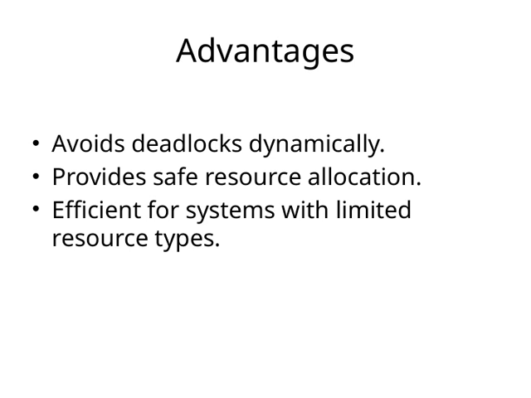Essentially, it ensures resources are assigned in a way that prevents unsafe states, protecting the system from potential failures or bottlenecks. And finally, it's efficient for systems with limited resource types. When resources are scarce or specific, this method makes optimal use of what's available, ensuring smooth operation without unnecessary delays.